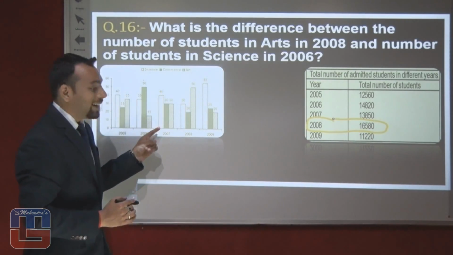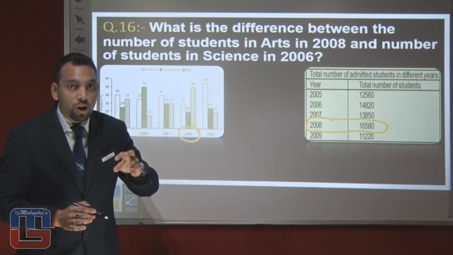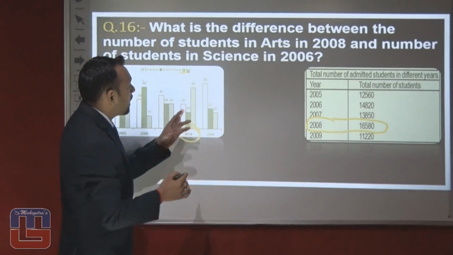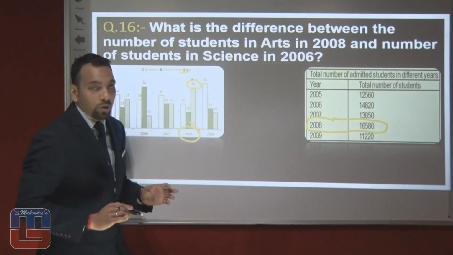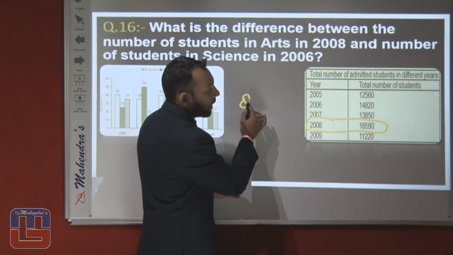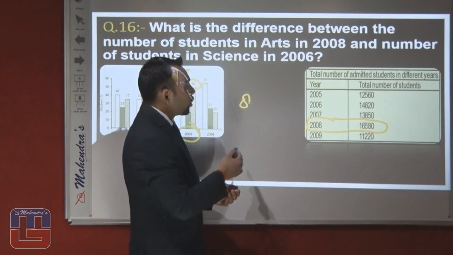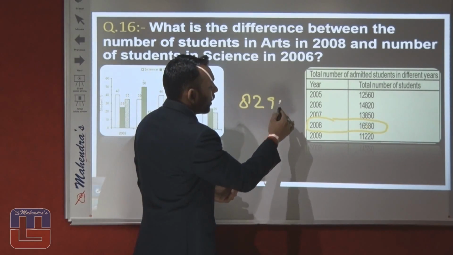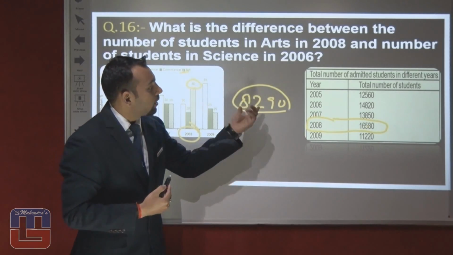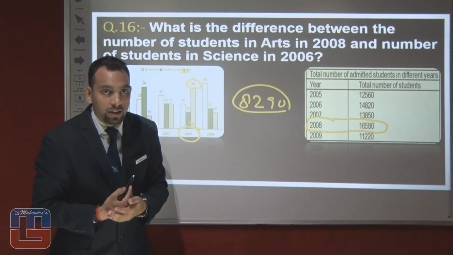If you see this data, in 2008 the percentage of arts students is 50%, so 50% of this will be, divide by 2, 8290. This is the number of students in arts in 2008.